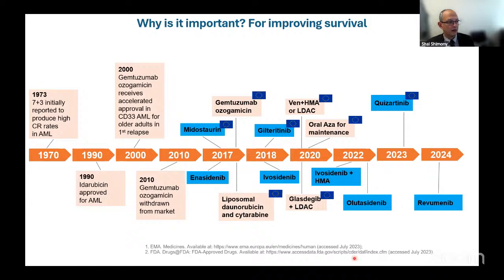And you can see in blue, like midostaurin, enasidenib, gilteritinib, all the drugs here in blue are drugs that target specific mutations. So it's not just for the classification, it's if we know a specific mutation, this may be a targetable mutation that we can help our patient with.